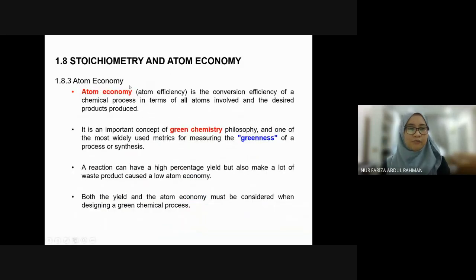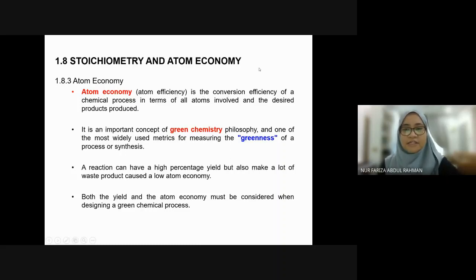What is atom economy? The word economy itself maksudnya menunjukkan something that is related to ekonomi lah. Okay, saving the economy. So in terms of energy, money, okay, and so on. Atom economy, it can also be known as atom efficiency.